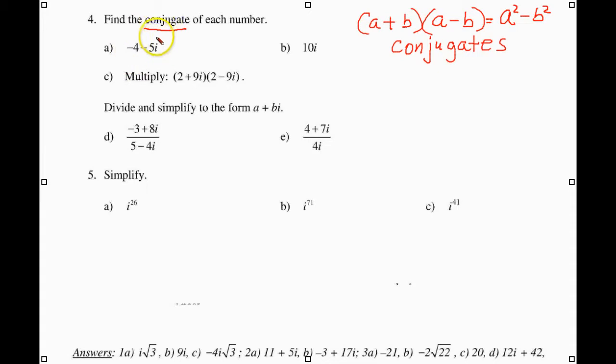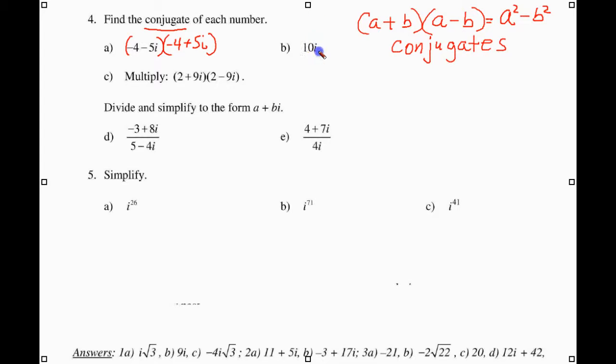So what would be the conjugate of this? And you can say, well, it's just the same terms, but in the middle, the opposite sign. So this is a -4. Now this will be a plus 5i. That would be the conjugate.